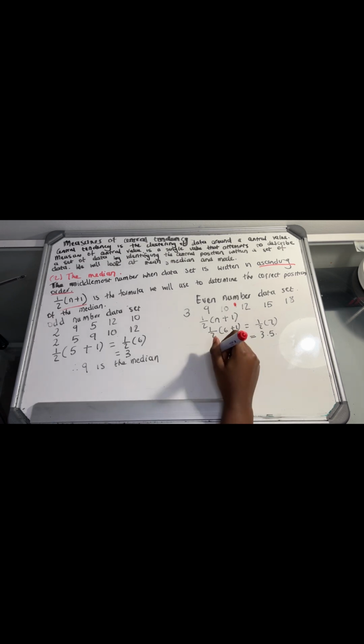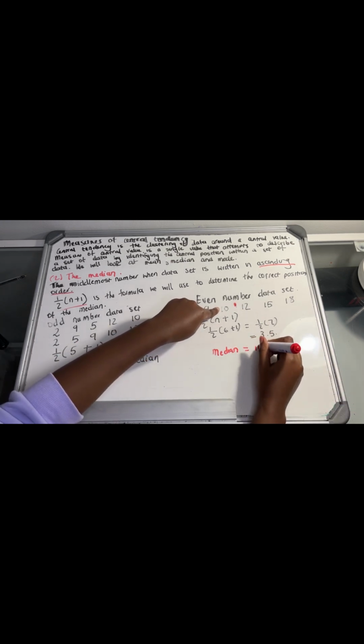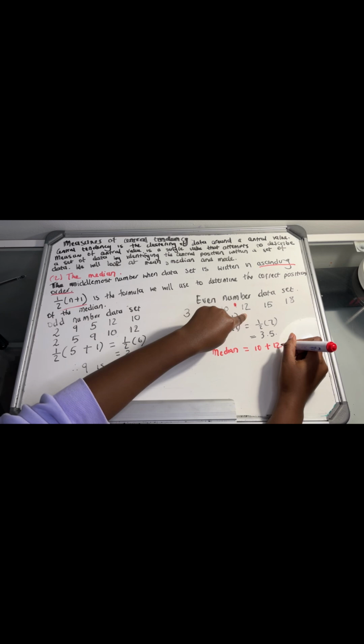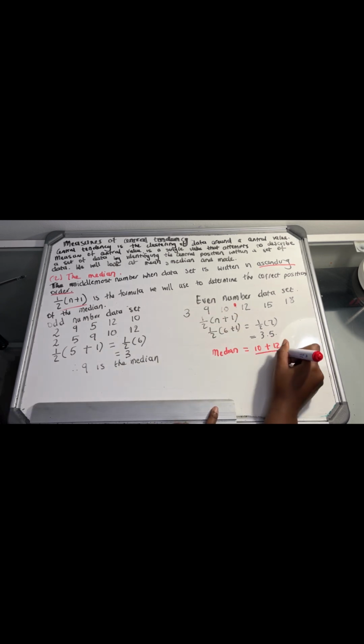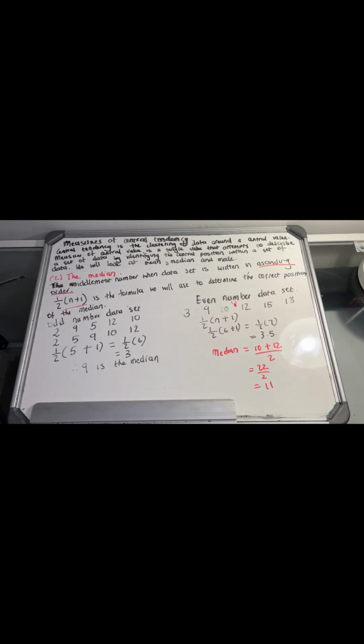Therefore, the median is equal to 10 plus 12 over 2, that is equal to 22 over 2, which is equal to 11. And that's your median. It's 11.